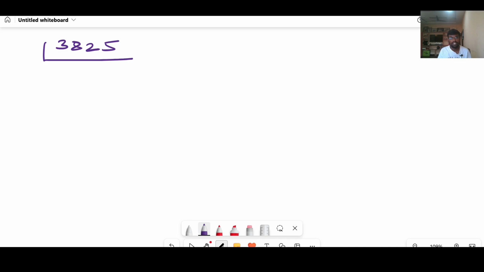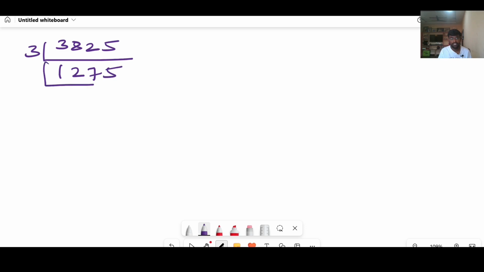Now I will check whether it is divisible by 3 or not. 3 plus 8 is 11, 13, 18, right? The sum of the digits is a multiple of 3. Then I can conclude that this number is divisible by 3. 3 1 times 3, 3 2 times 6, and 2 is the remainder. 2 and 2 will become 22. 3 7s are 21, 1 is the remainder, 15, 3 5s are 15.